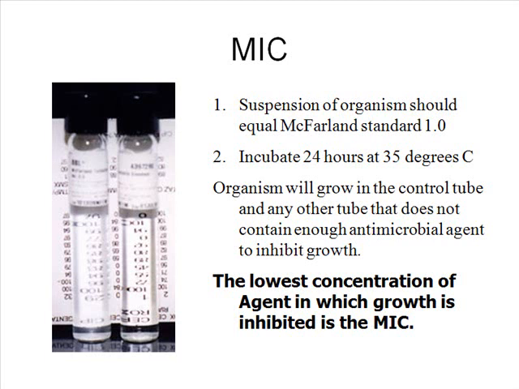And then that is associated with the concentration that you can achieve in the patient. So if that concentration can be achieved in the patient, then it is said to be sensitive. If it can't be achieved in the patient, it is said to be resistant.